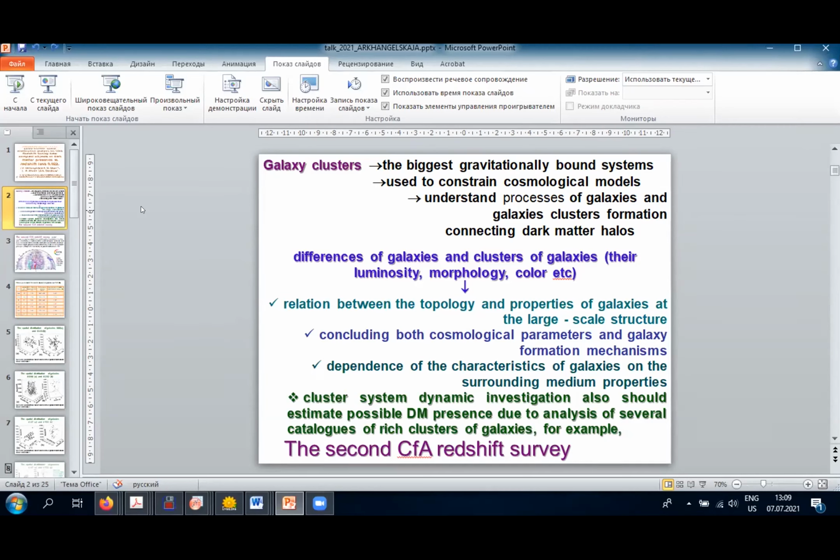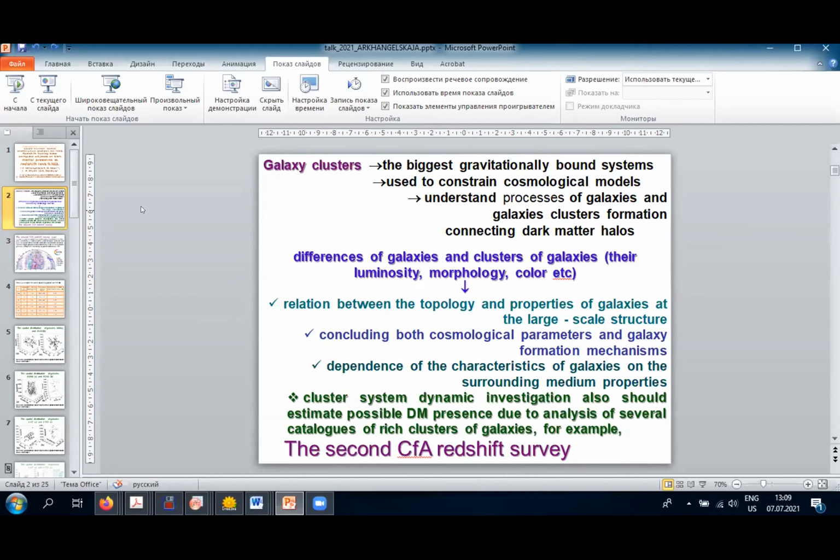In this case, we can constrain both cosmological parameters and galaxy formation mechanisms. Moreover, the investigation of galaxy clusters also relates to the dependence of galaxy characteristics on the surrounding medium properties and the large-scale structure formation.